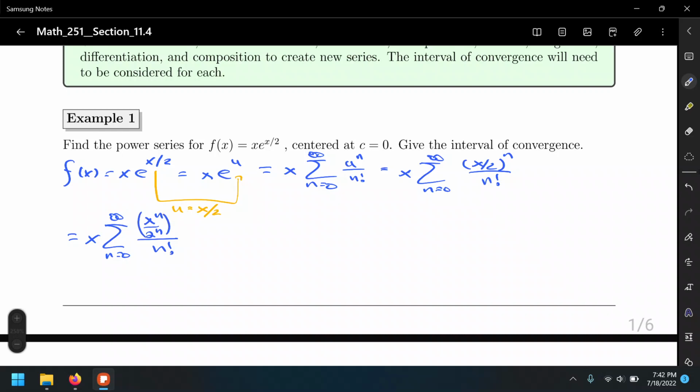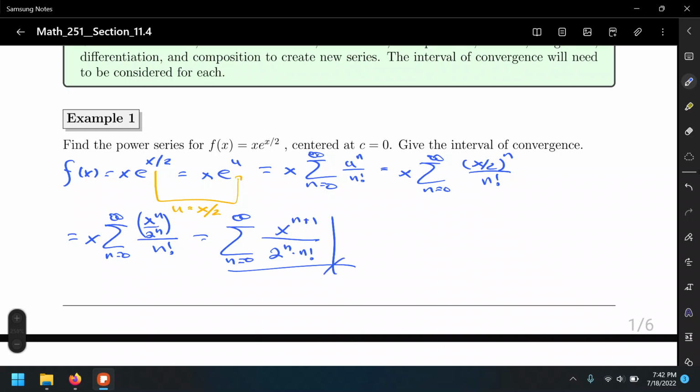But be careful, because you might want to rewrite this having the 2 to the n in the denominator, and there's something else I would like to do besides that. So 2 to the n times n factorial. How about introducing this x and multiplying with the x to the n? That's going to give us x to the n plus 1. So that'll be the series for the given function.